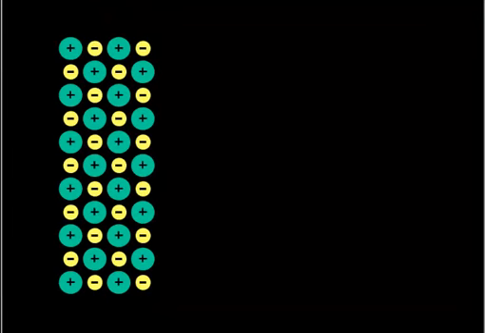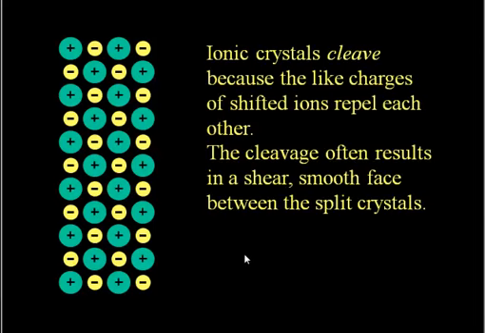So this ionic crystal cleaves because the like charges of the shifted ions repel each other. The cleavage often results in a sheer, smooth face between the split crystals. Okay, so let's switch back.